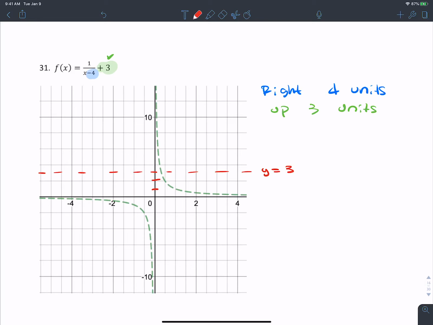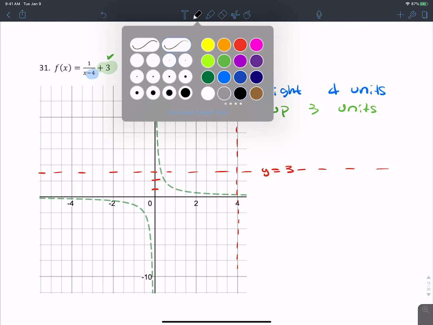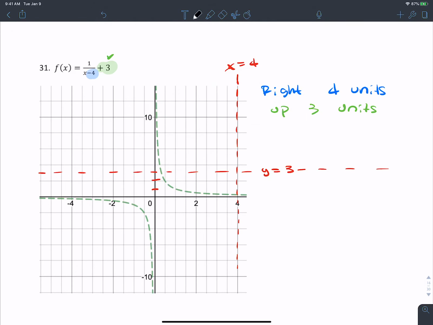We're going to also have to go to the right 4 units. We're going to shift this y-intercept to the right 4 units. And that looks like this. Here's where 4 would be. And that's actually, by the way, x is 4. So in some sense, this is my new x and y axes. And I just have to draw now my hyperbola with these new axes. And that's all we do.